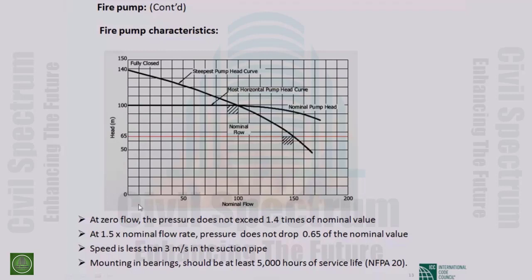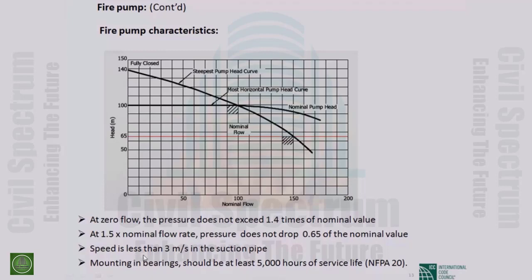And at zero flow, the pump must create 140% of the design pressure. This is the very specialty of the fire pump. At zero flow, the pressure does not exceed 140% of the nominal value. At 1.5 times nominal flow rate, the pressure drops to 65% of the nominal value.